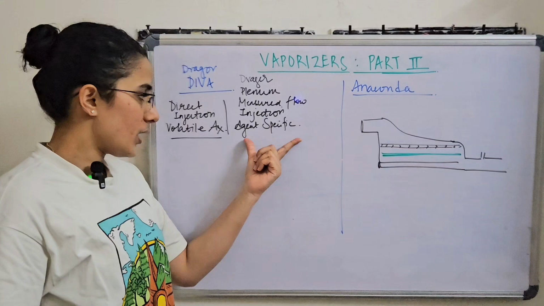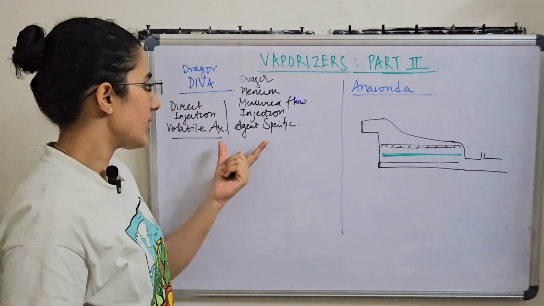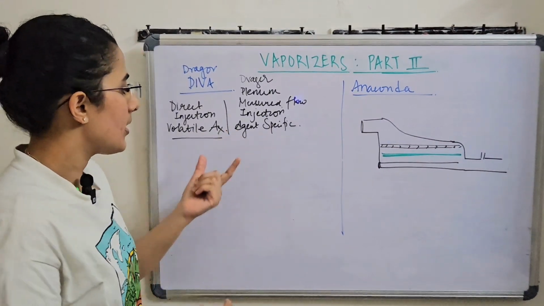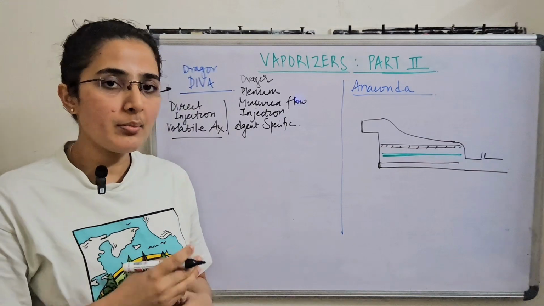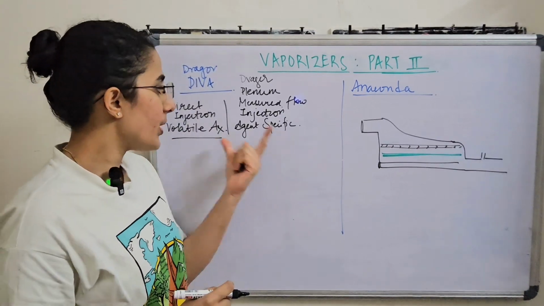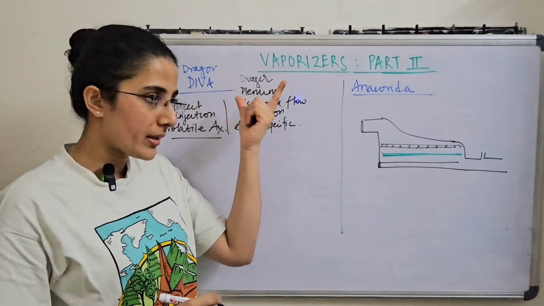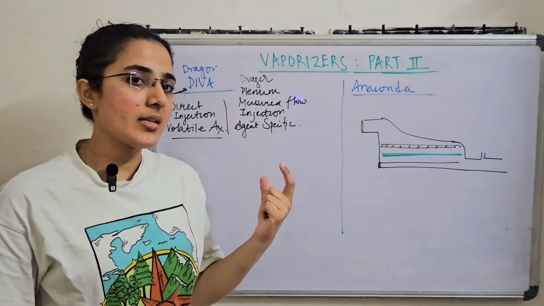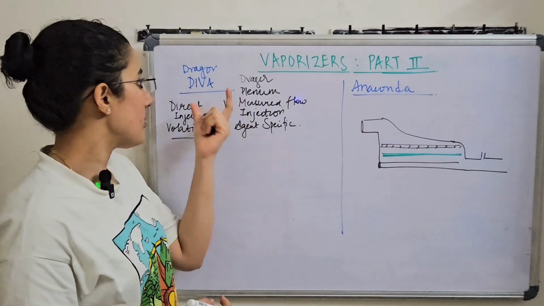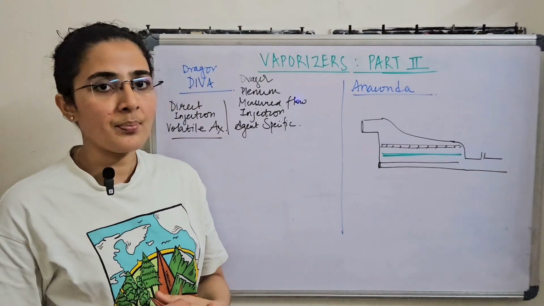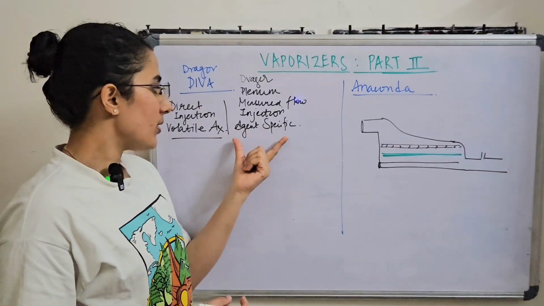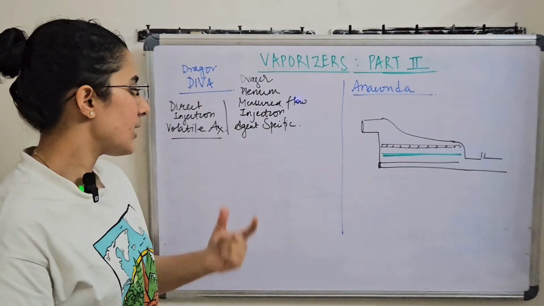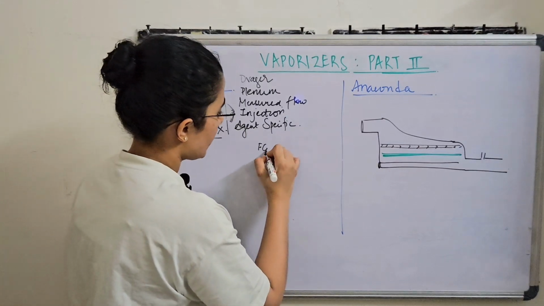The Draeger Diva has a storage tank and a pump tank, and it has a separate module for the Diva itself. That is, it has a separate gas supply that is received by the Draeger Diva vaporizer. Whenever we are setting up the Draeger Diva, we have to mention the fresh gas flow.